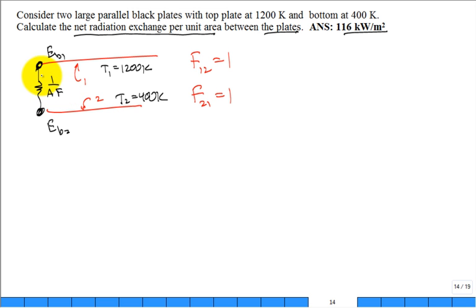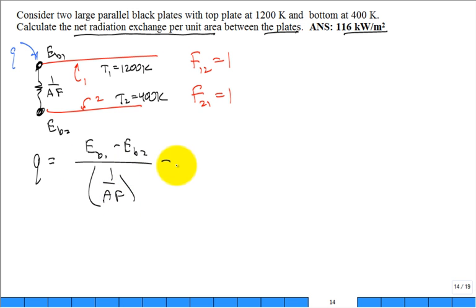And so the flow from the hot to the cold, Q, is equal to EB1 minus EB2 divided by 1 over AF. This is going to be A times F times EB1 minus EB2, which is sigma T1 to the fourth minus T2 to the fourth.